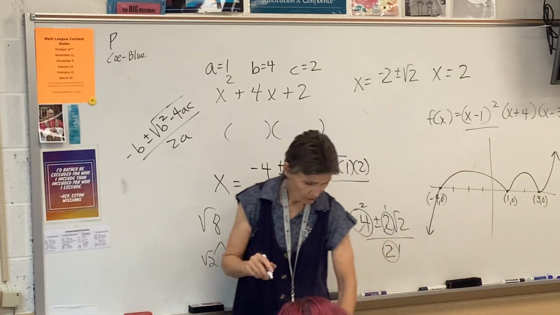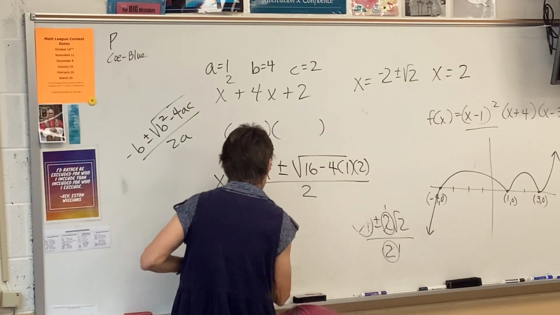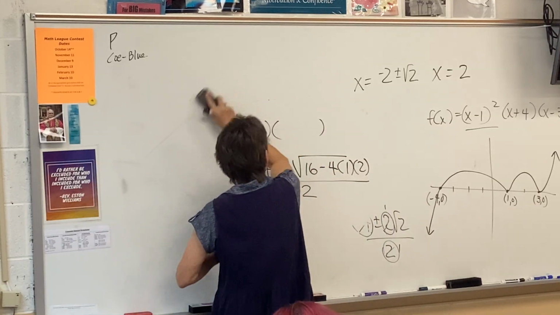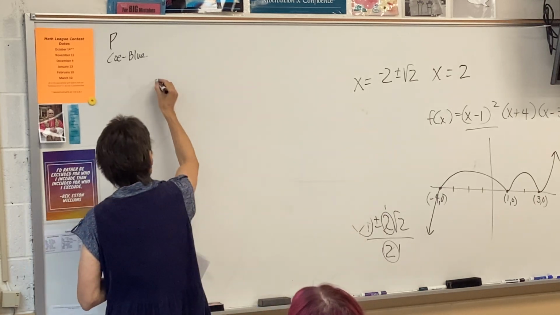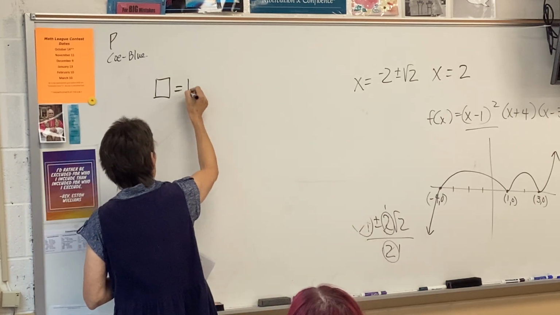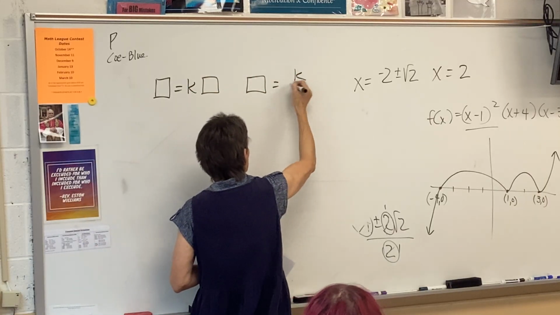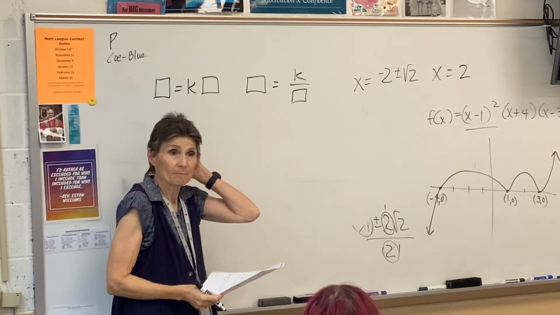All right, now we're going on to number 8. All right, this is our variation problem. So you know there's going to be one of these on the test. So you know you're either going to have box equals K times box or box equals K over box. That's what we're going to have.